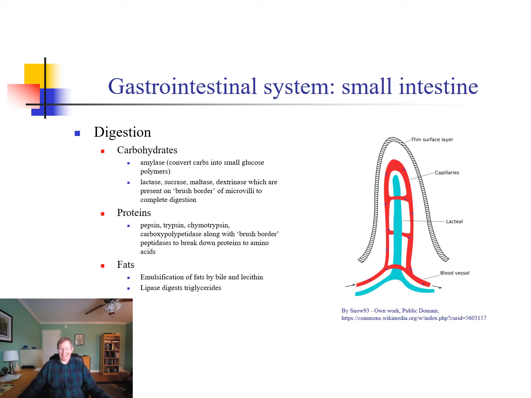So I have things like lactase, sucrase, maltase, dextrinase, all of those small polymers or pieces of sugars where you put together 5 carbon and 6 carbon, or 2 6-carbon sugars, and you want to break those apart. And that's all on this brush border of this microvilli, and then you will bring in those sugars.